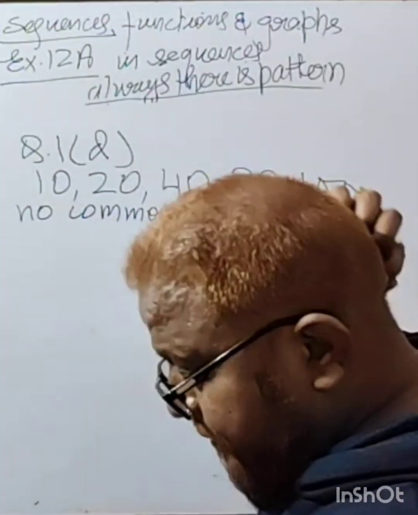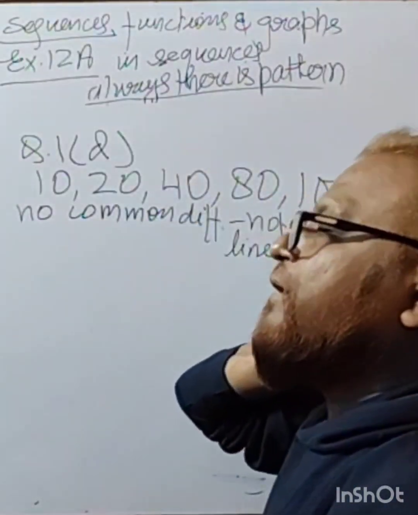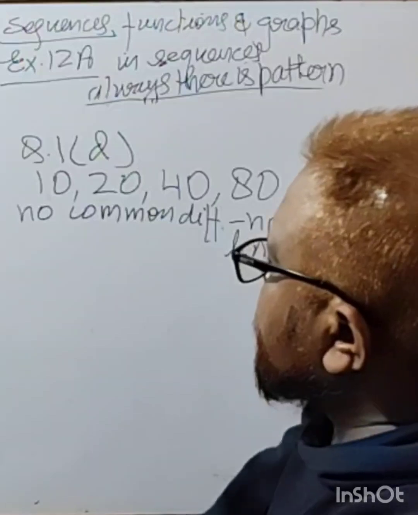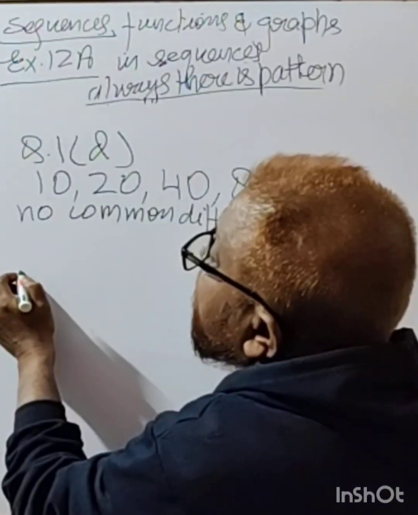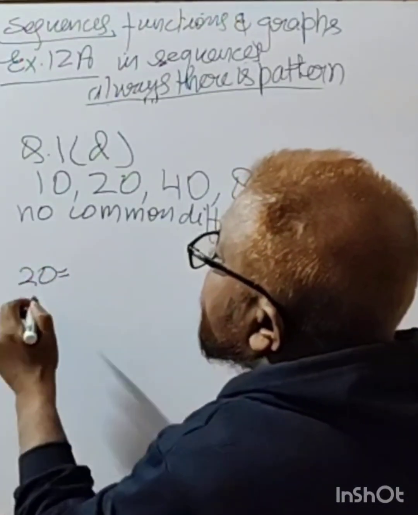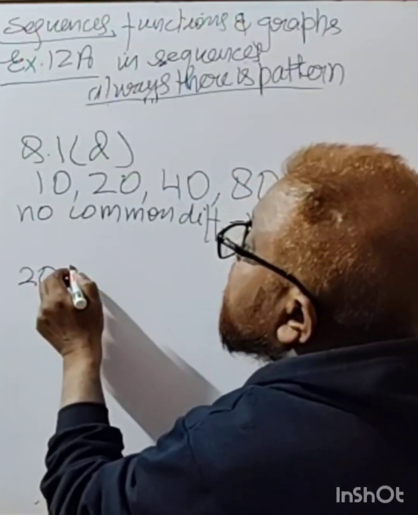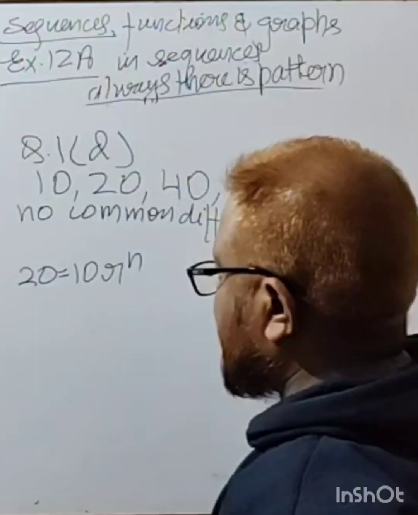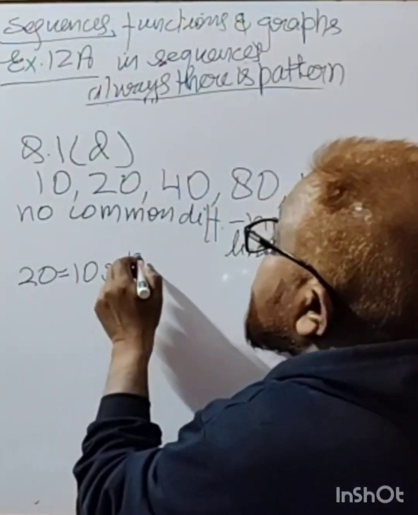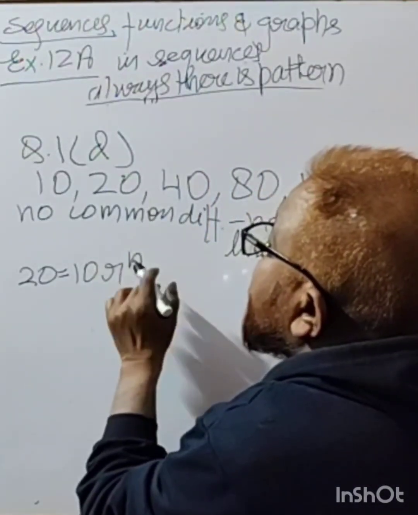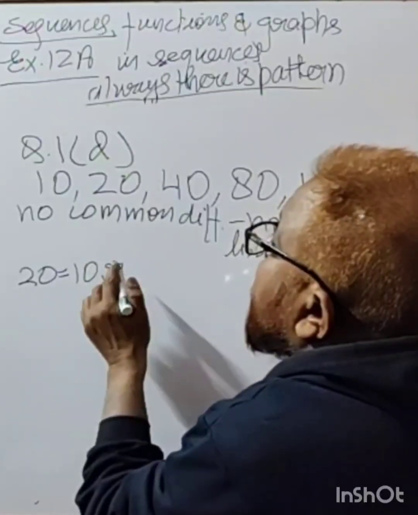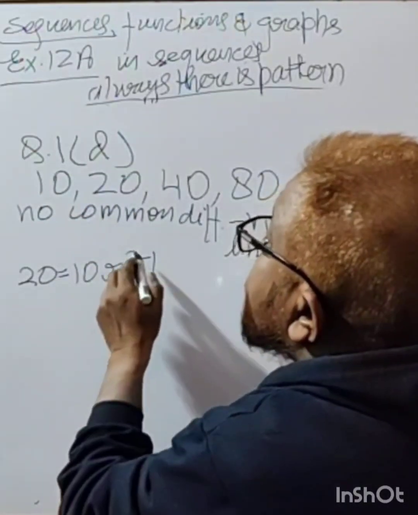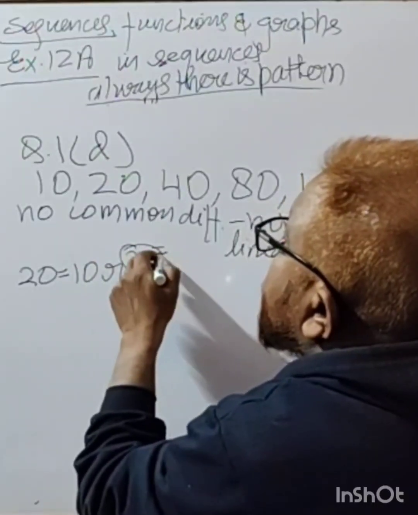If we find the ratio, 20 is equal to 10 r raised to the power 2 minus 1, the second term we have taken, so it goes down to 1.